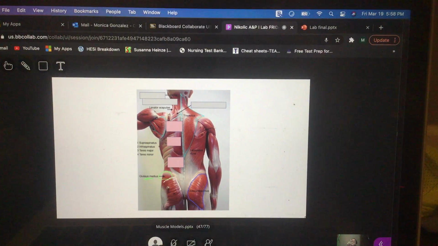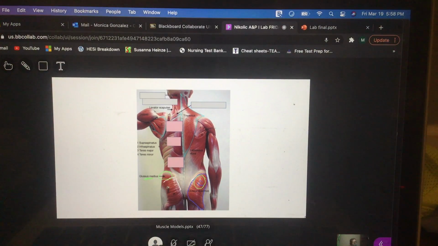So that green on the left is the gluteus medius. Be careful. Don't lose points by calling the gluteus medius the gluteus maximus. There's a superficial layer, gluteus maximus, and a deeper layer, gluteus medius.